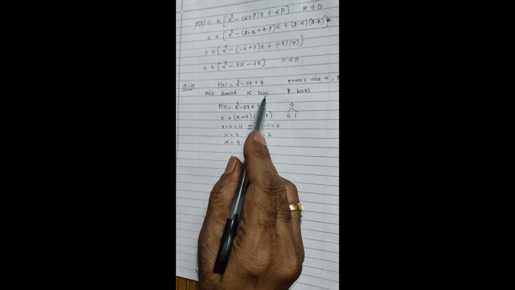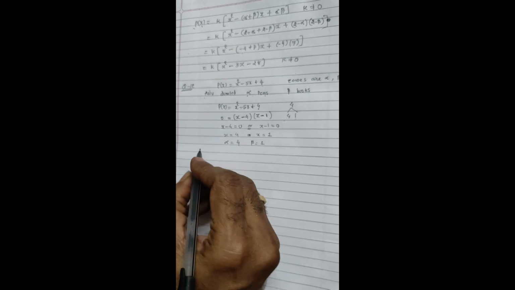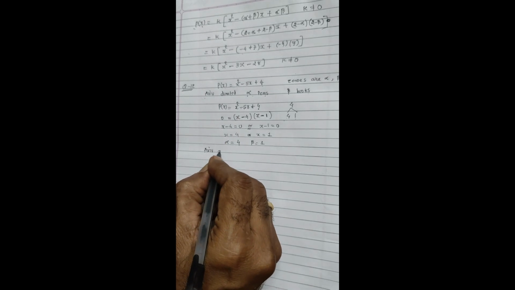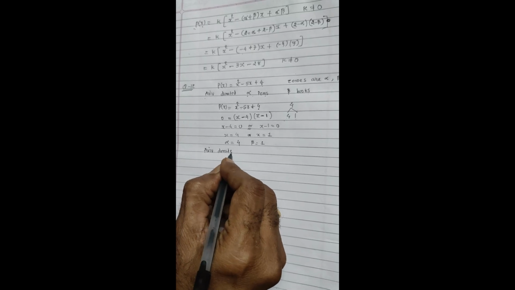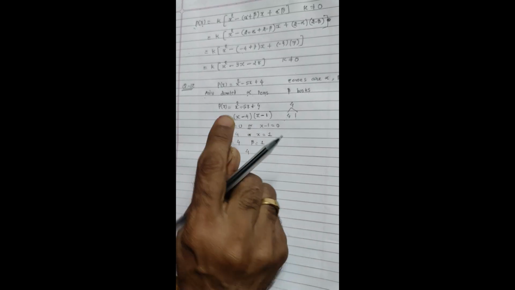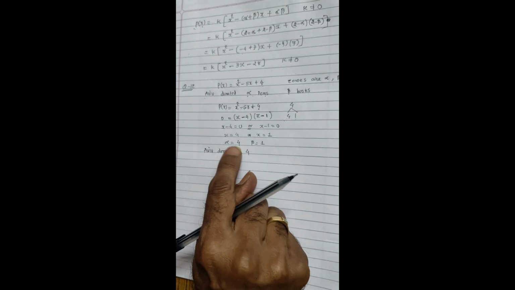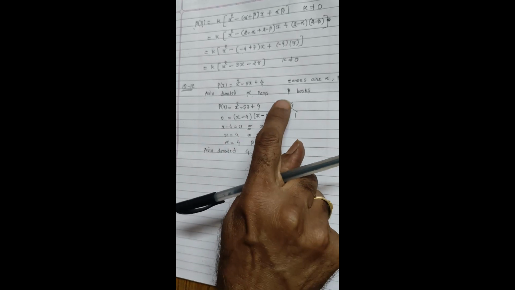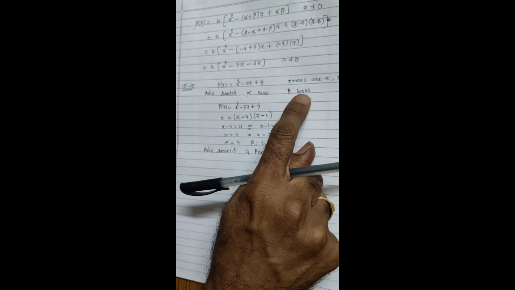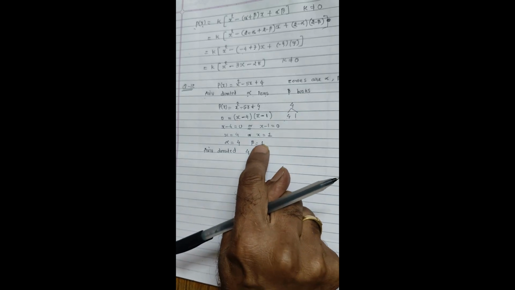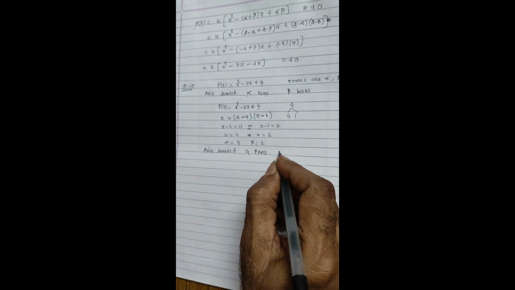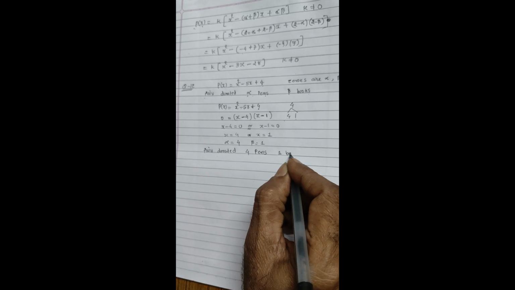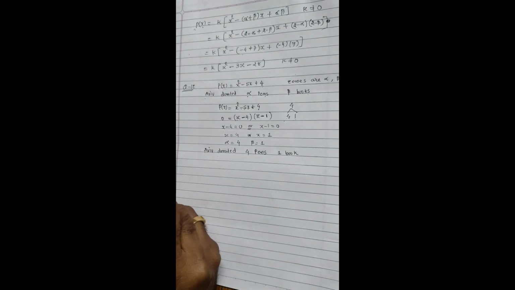Here alpha pens were donated by Arif. Arif donated alpha pens, and the value of alpha is 4, that means 4 pens. She donated beta books and the value of beta is 1, so she donated 1 book.